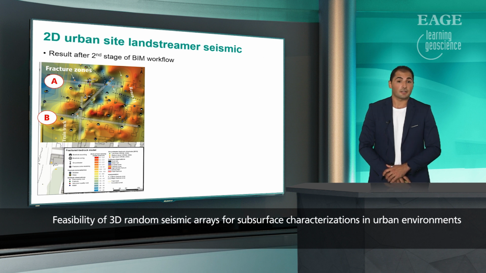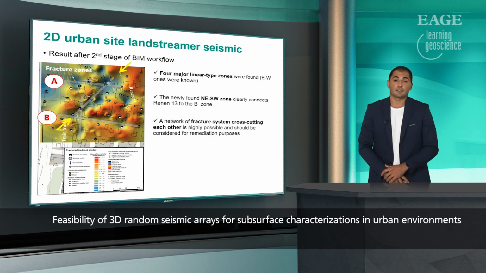We can again see our 2 zones A and B, and we can see this lineament that clearly connects zone B to the origin of the contaminants at our site 13. So to summarize, from this output, 4 major lineaments were found.